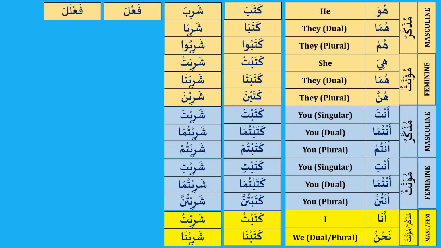And the pattern of fa'ula. Hasuna. Hasuna means to become good or beautiful.